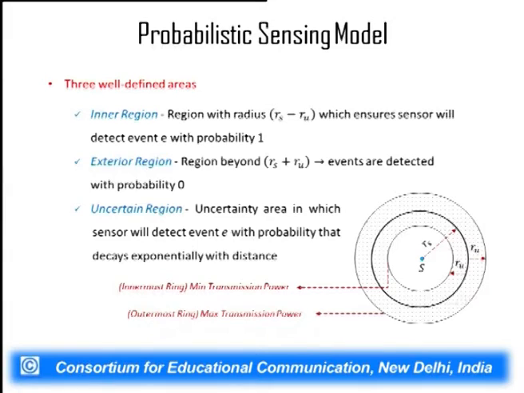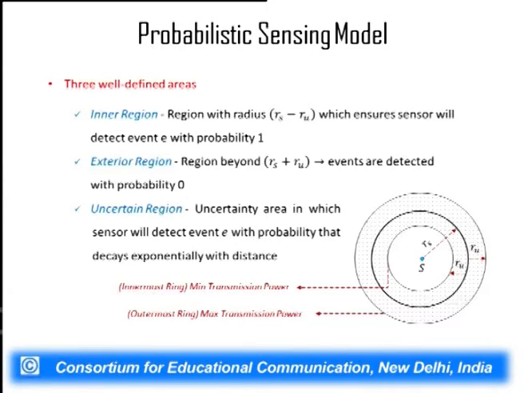In this, what happens? We have the same old sensor with the sensing radius r, but now we are taking a minimum power level and a maximum power level of the sensor, and accordingly we get a donut-like formation, in which the innermost ring signifies the minimum transmission level. That is, what if the sensor at some point of time is using its minimum power level, so it is obviously getting less than the average sensing radius RS.